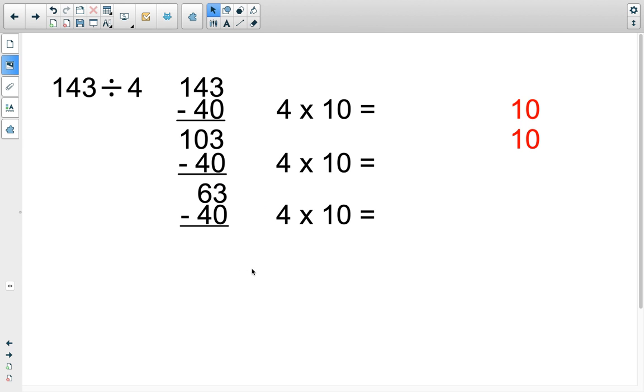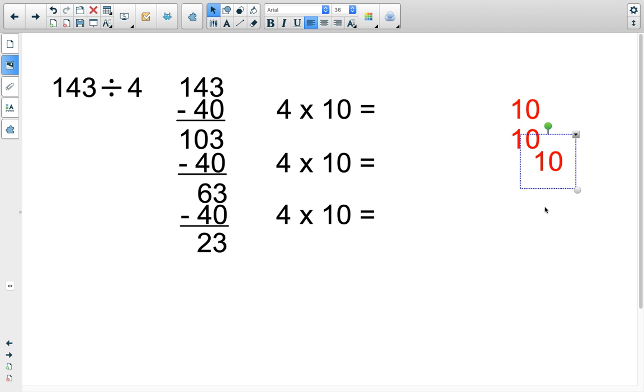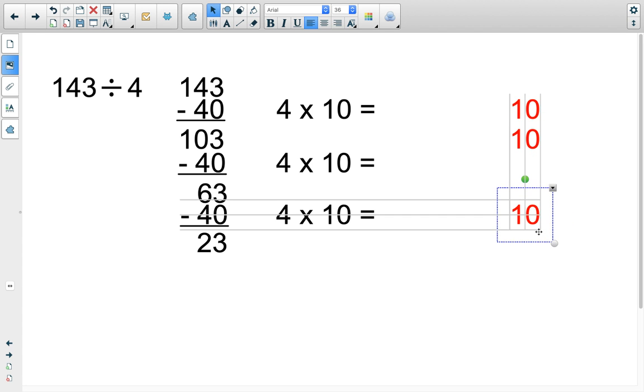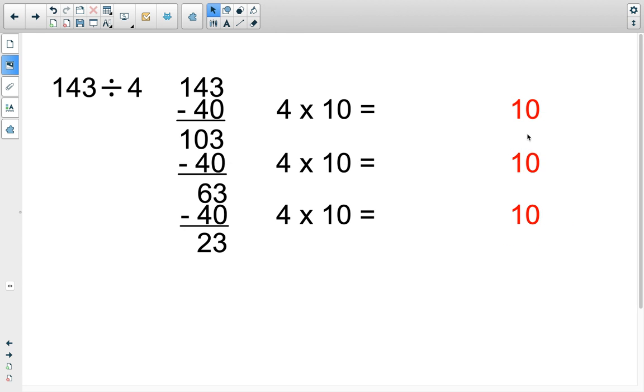So now I can just subtract: 0 from 3 is 3. And now it's getting really nice and small. I've got 23, right? Because 4 from 6 is 2. I'm going to put another 10 down here, and line that up nicely. There we go. That looks better.